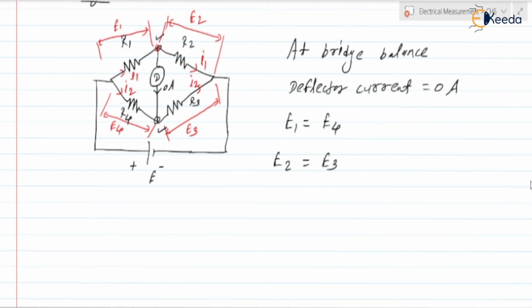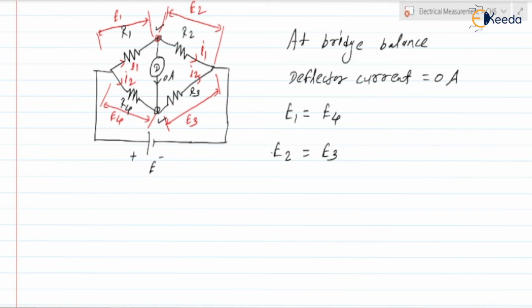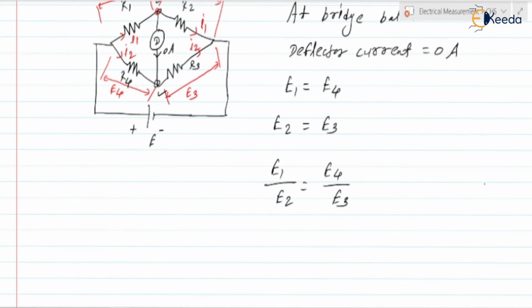Next, now can we take the ratio E1 by E2 is equal to E4 by E3. Further, what is E1? E1 is equal to I1 into R1. What is E2? E2 is equal to I1 into R2.